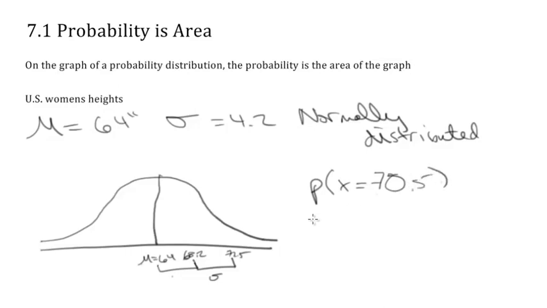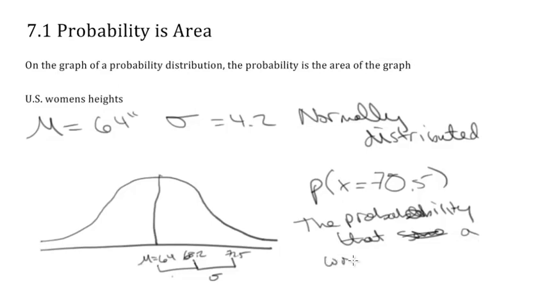What I do mean is the probability that someone, a woman, in the United States is 70.5 inches tall.